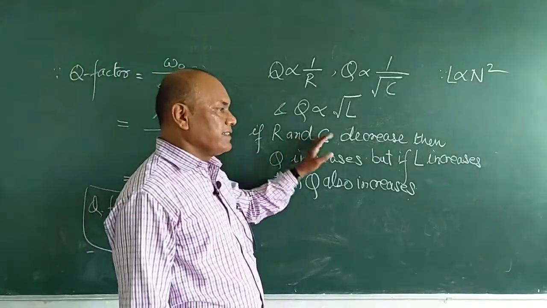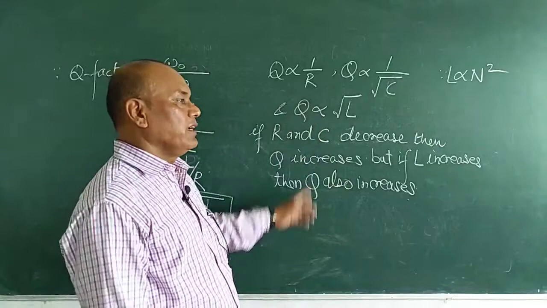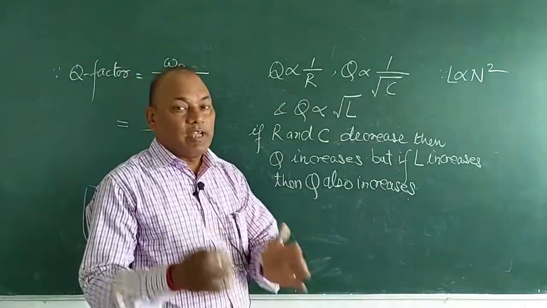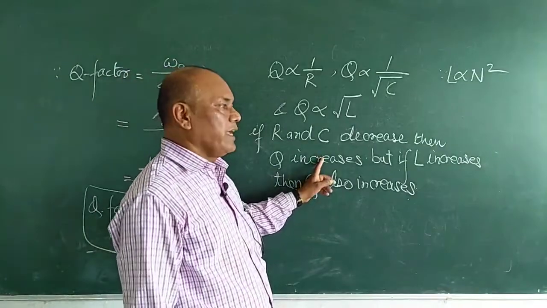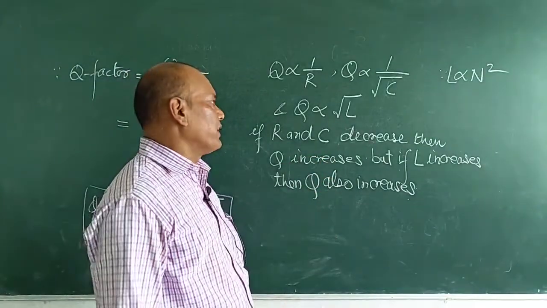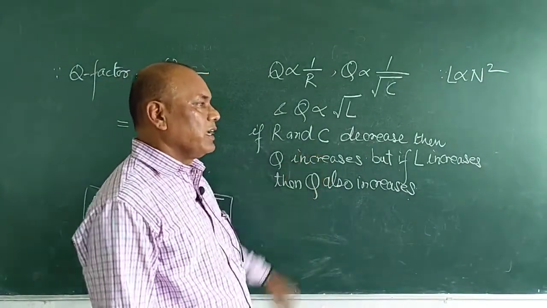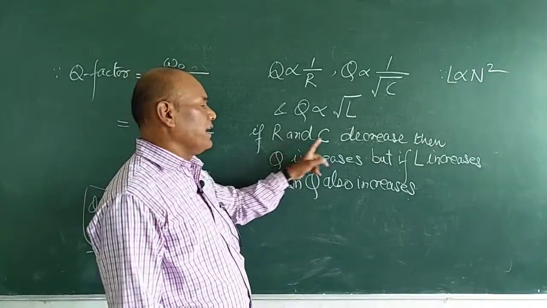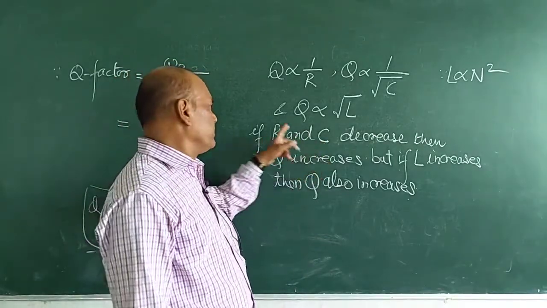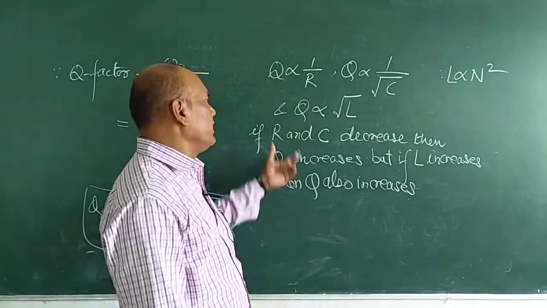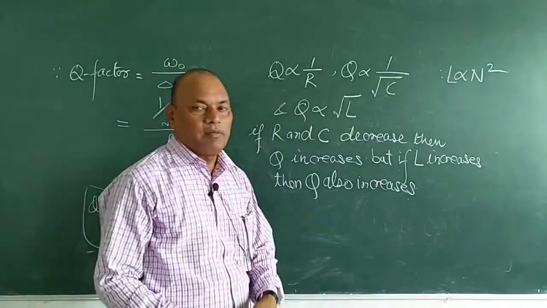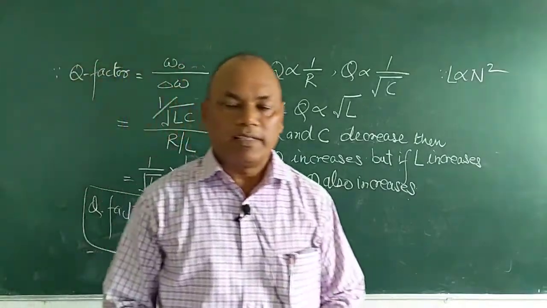In this way, to increase the sharpness or to avoid noise in a communication system, we have to take more turns in the coil, and take R and C very small. This means less resistance and less capacitance will increase the quality factor of the circuit. Okay, thank you. That's all.